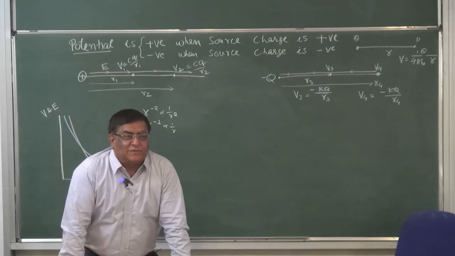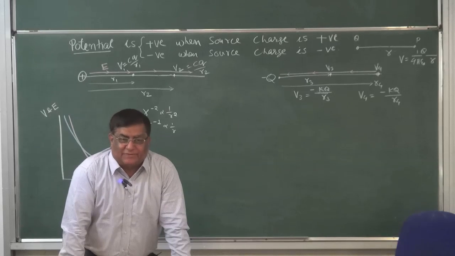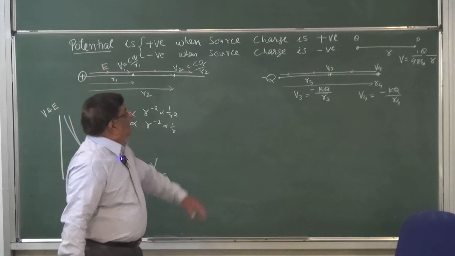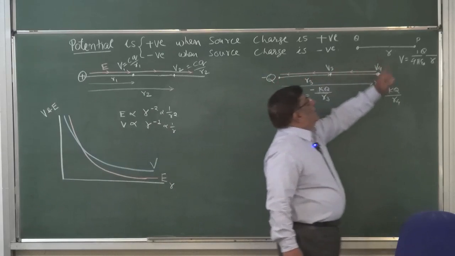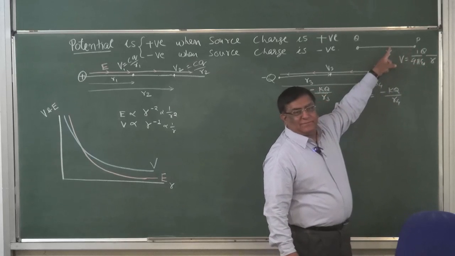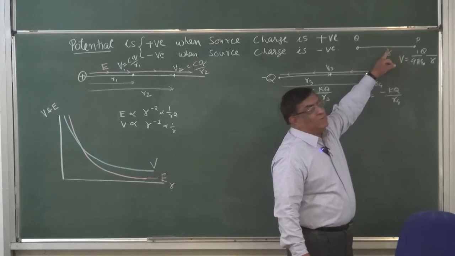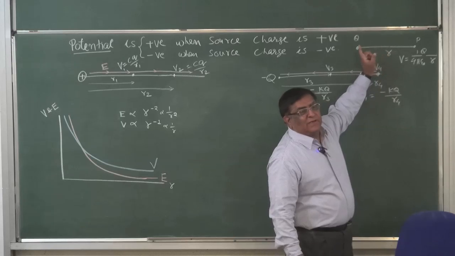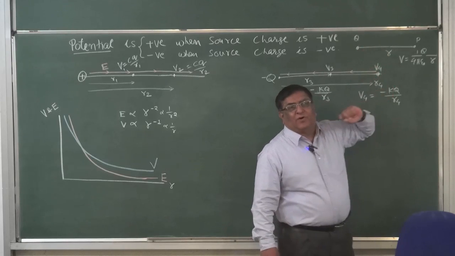How is potential positive? So we will find out where the potential is positive. From infinity I am bringing the charge here. The type of work I do decides whether the potential is positive or negative.